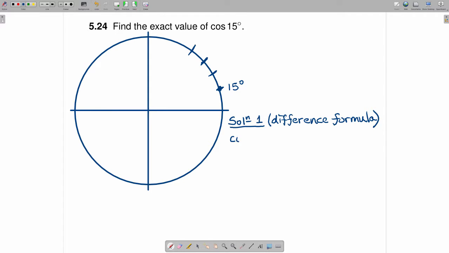If you want to find the cosine of 15 degrees, that's the same as the cosine of two angles that we know something about. And those two angles that we know something about are 60 degrees and 45 degrees.